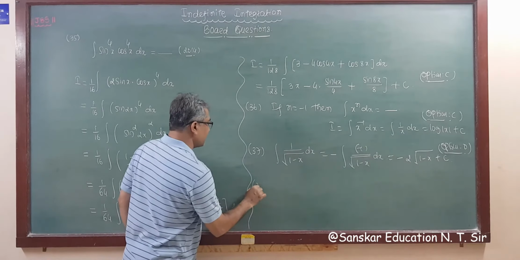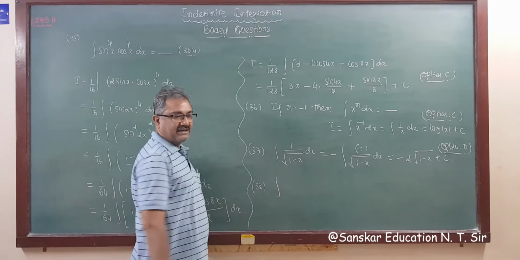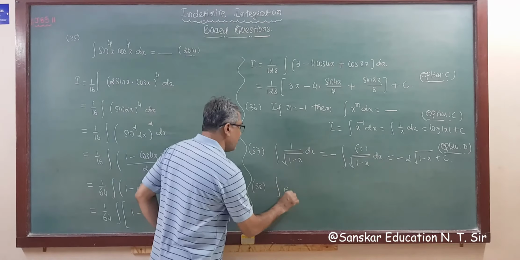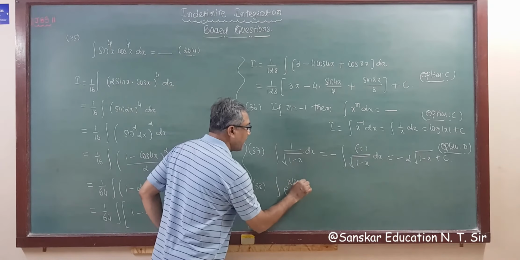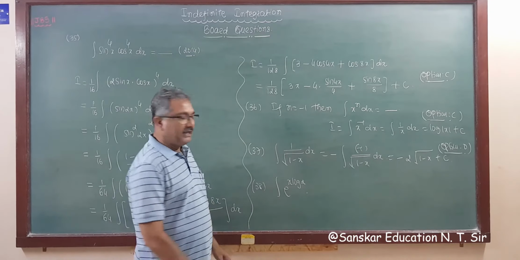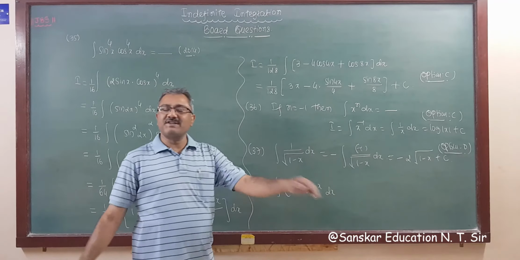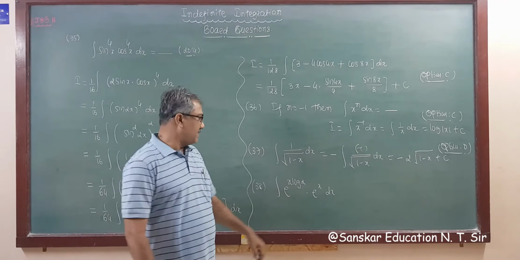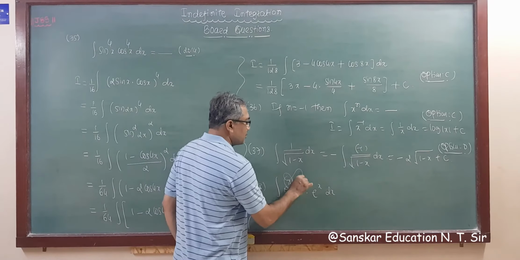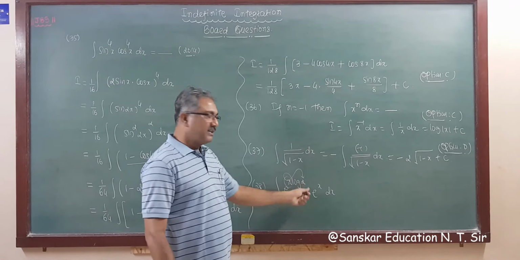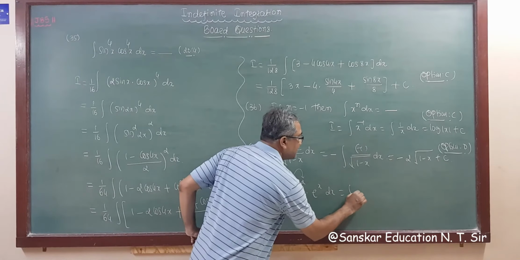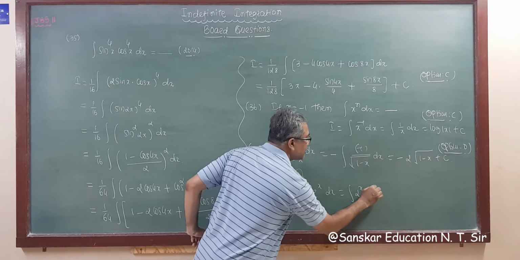Then question number 38. Integration of e raised to x log 2 into e raised to x dx. This type of question is very important. You have to take x inside. Applying a formula, this becomes 2 raised to x. So integration of 2 raised to x into e raised to x.